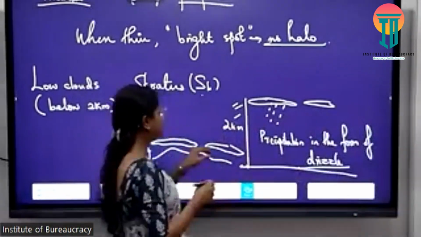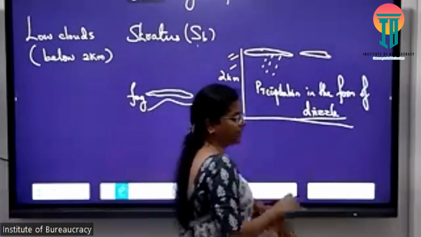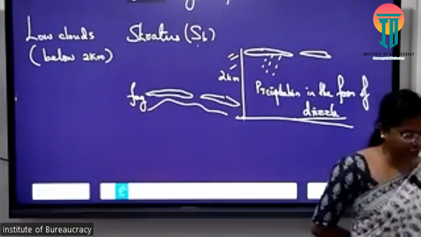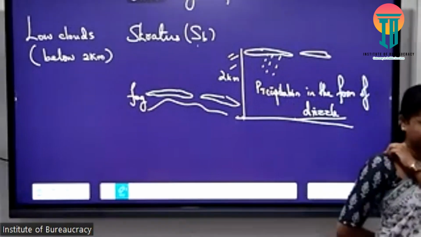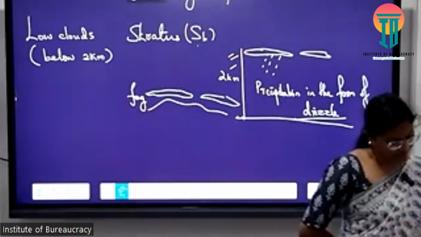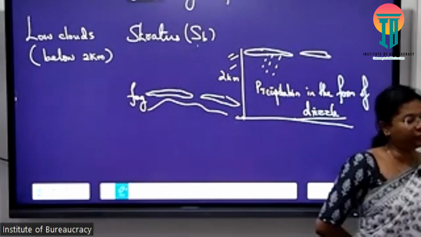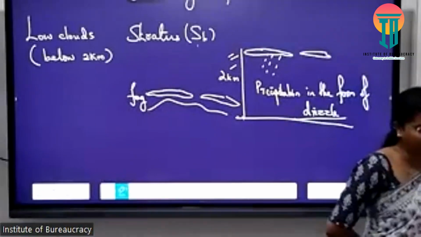Types of precipitation we will come back to on the same day, and we'll discuss them too. So what are stratus clouds? Stratus clouds are a low uniform layer resembling fog but not on the ground. They may produce precipitation in the form of drizzle.